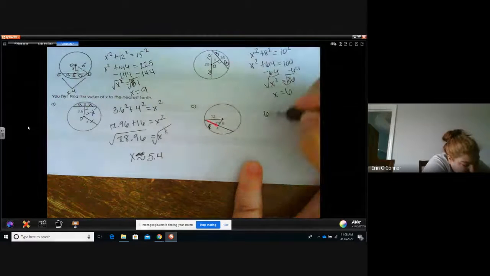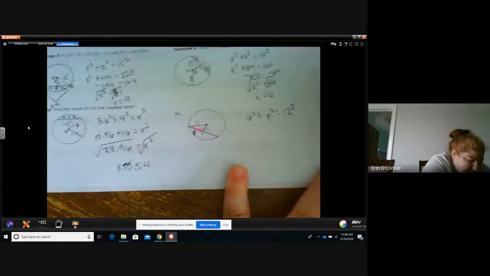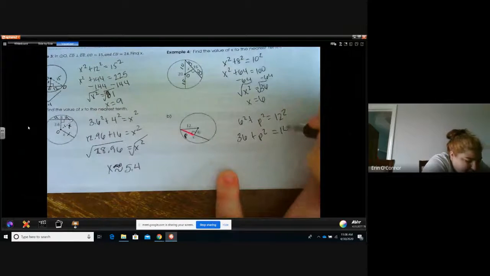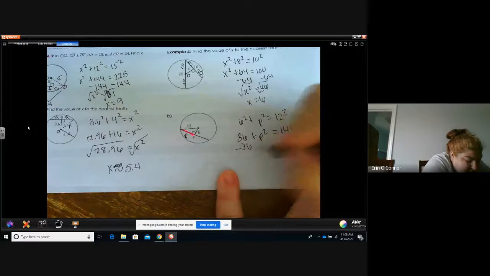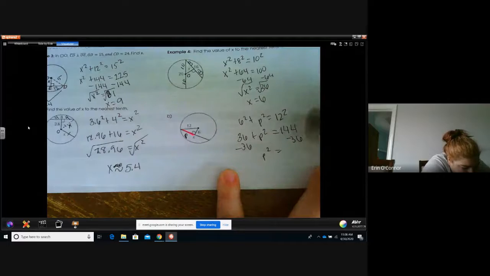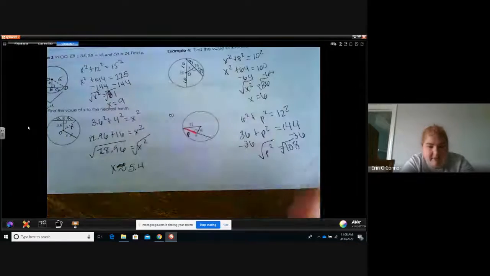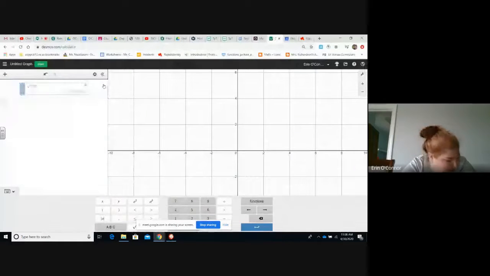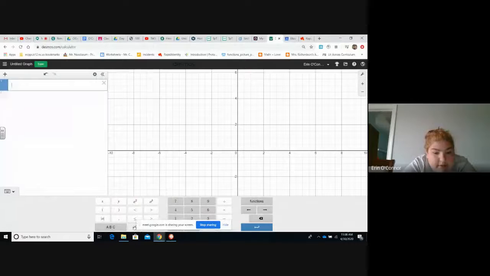So 6 squared plus p squared equals 12 squared. 6 squared is 36. 144 minus 36. P squared equals 108. Take the square root, and I think it's 10.4. I know I shouldn't know that off the top of my head, but I think I do. The square root of 108 is 10.4.